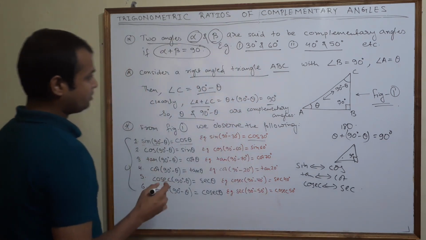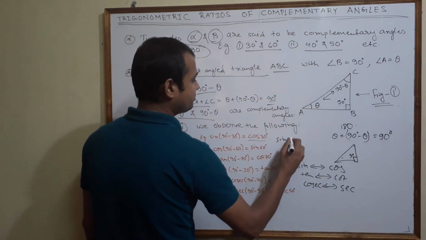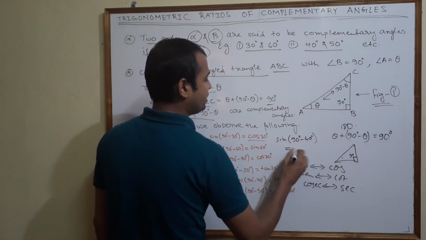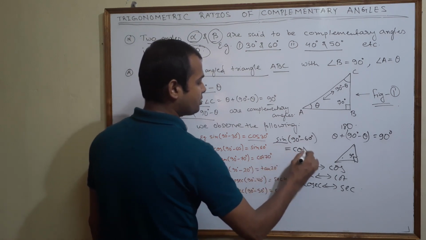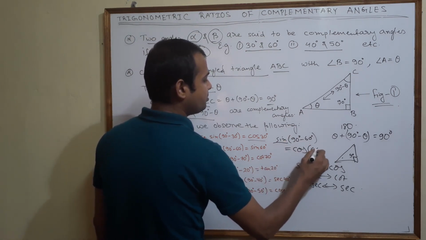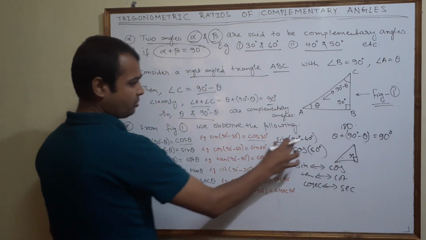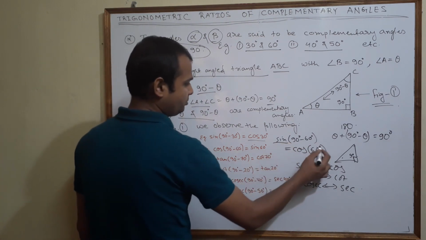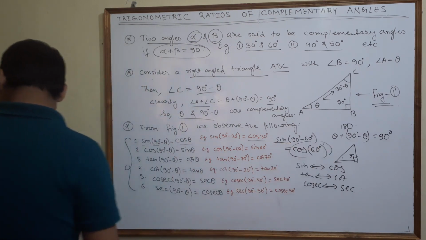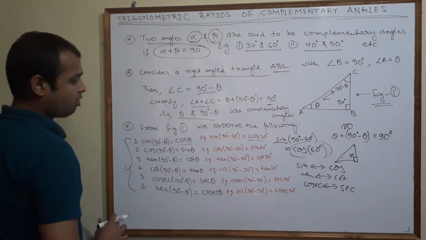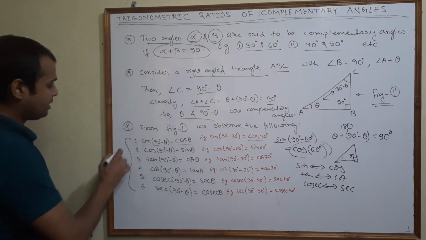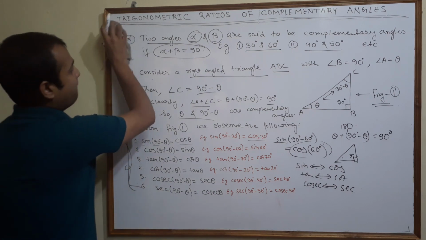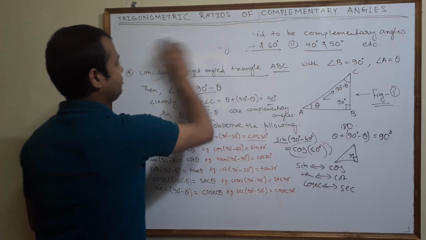So if you have sin(90 minus 60 degrees), then this will be written as cos; sine will change to cos, and this will be simply 60 degrees. This is how we will write it. So this is all about complementary angles. The main thing is that you have got to remember this. Clear? Now let us move on to a few questions.